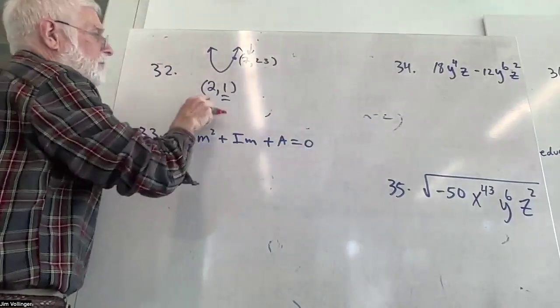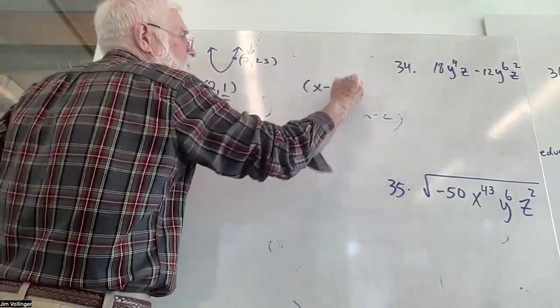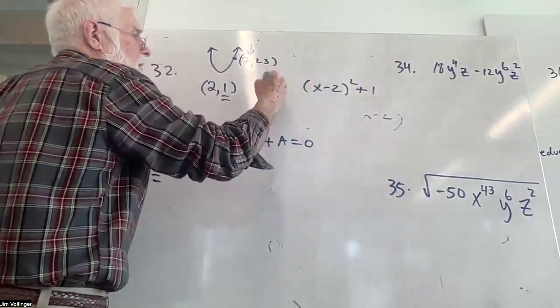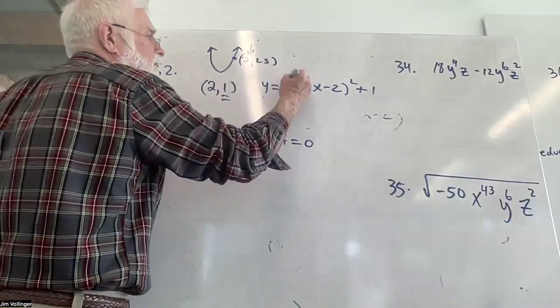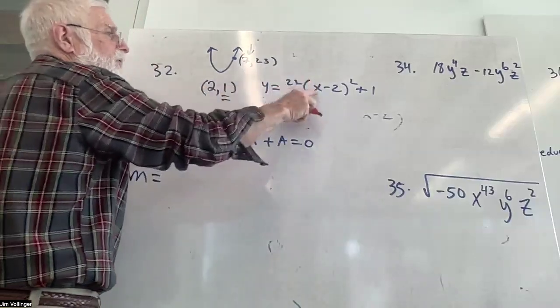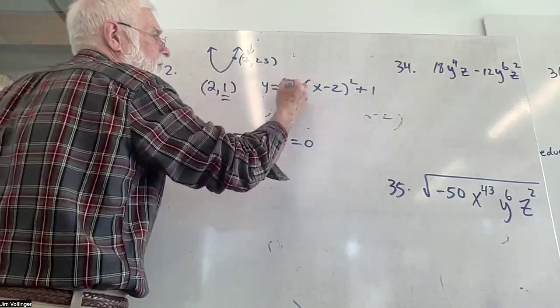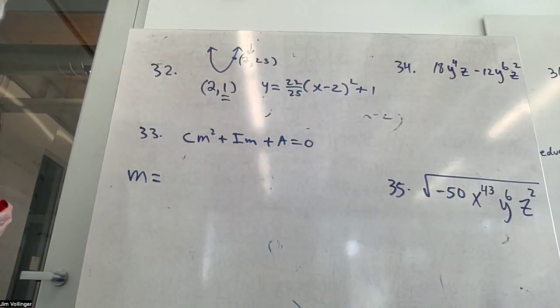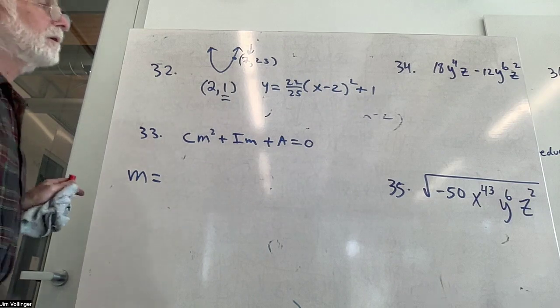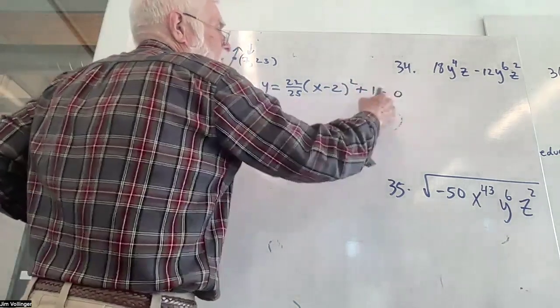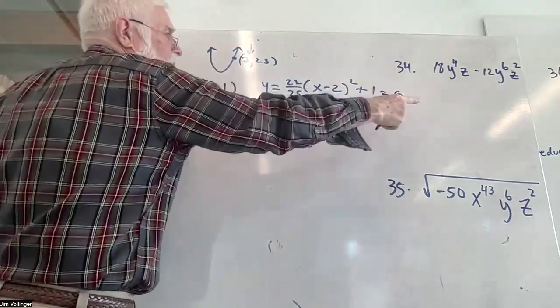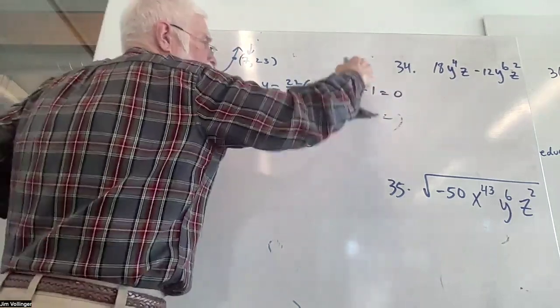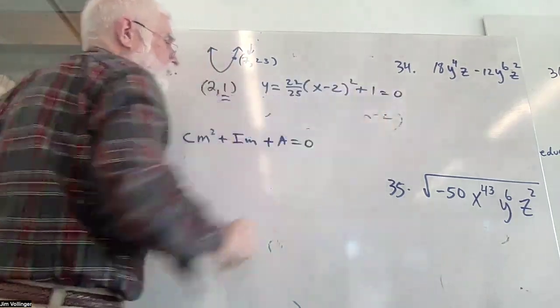And if I do that, I've got (x minus 2) squared plus 1. I know I'm going from 1 to 23. That's up 22. And when I put a 7 in, I get 25. And that's what we want to be able to do. And then we want the roots from that very quickly. The roots would be what? Subtract 1, multiply by 25, divide by 22, take the plus minus square root and add 2.